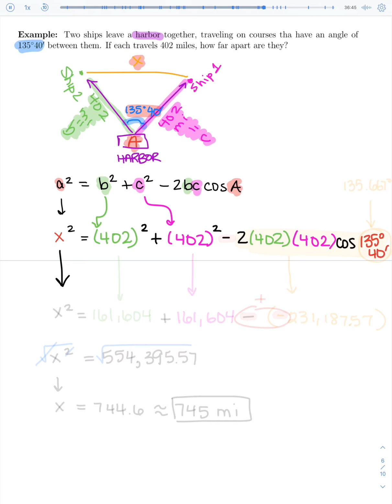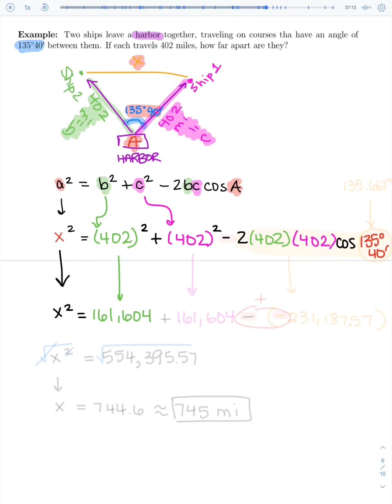Now, the question is what happens? Well, we have to follow the order of operations, starting out with, we'll leave the x squared alone, but we need to do all the exponents first. So we'll start out with doing the exponents, and the exponents tell us, well, 402 squared is 161,604.